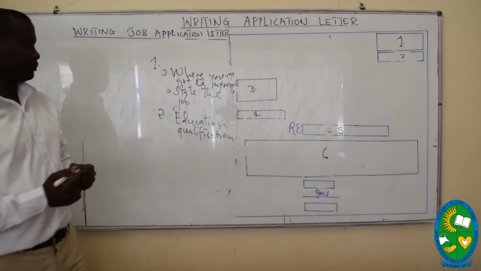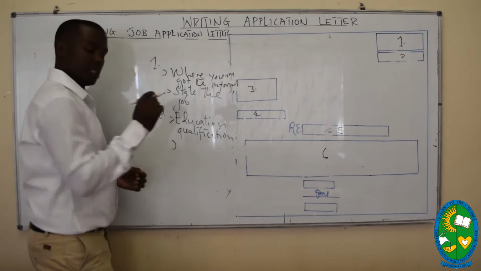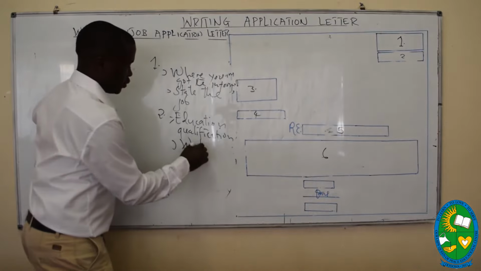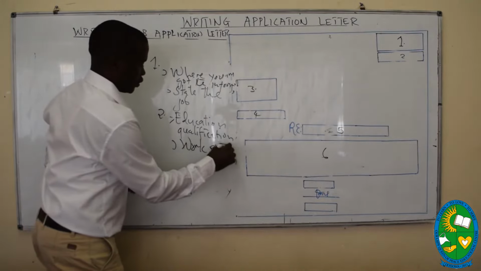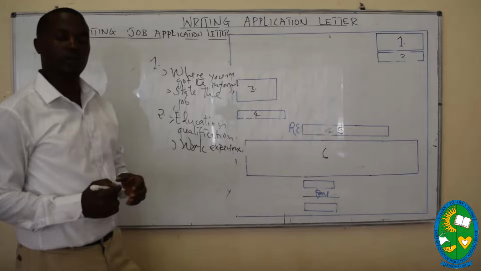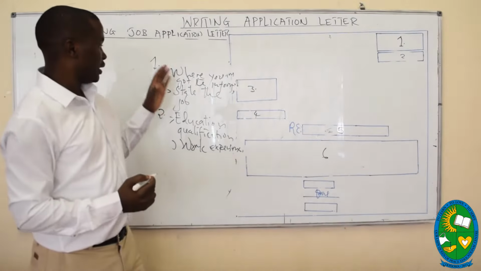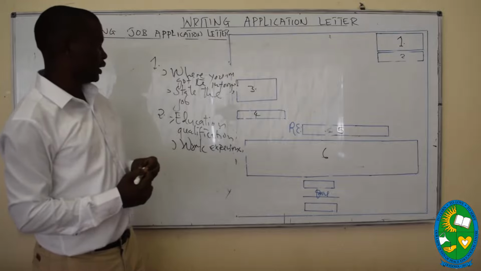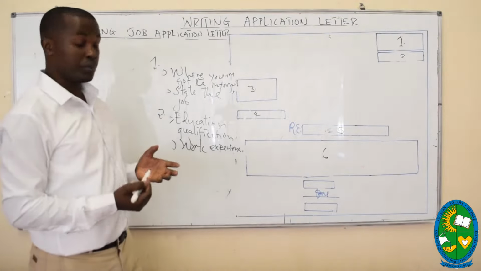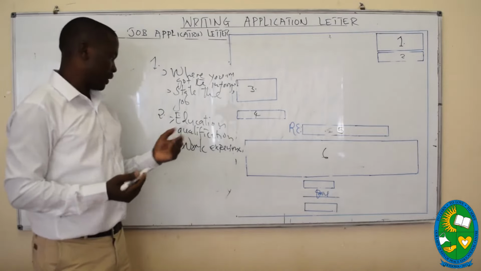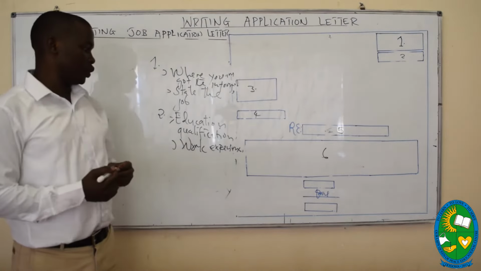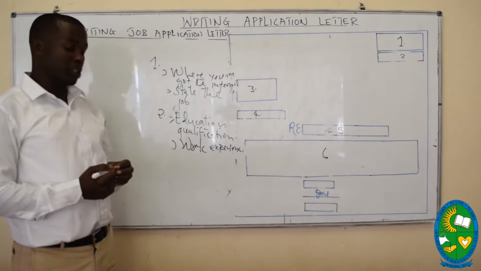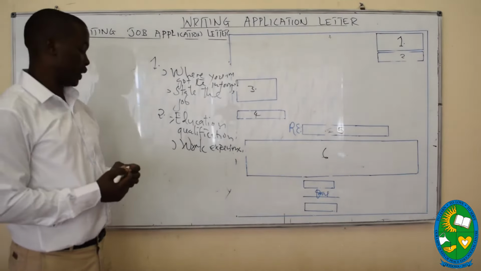Number 2 is your work experience. So I said paragraph number 1 is where I got the information and state the job that you are applying for, and paragraph number 2 provides the information about your education qualification and work experience.